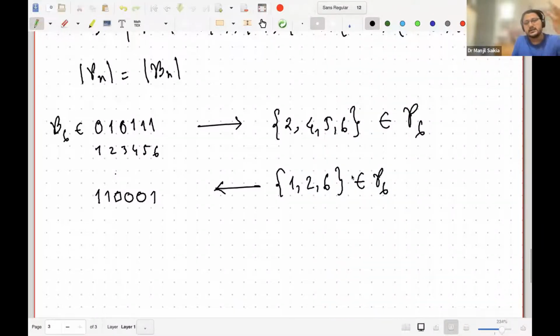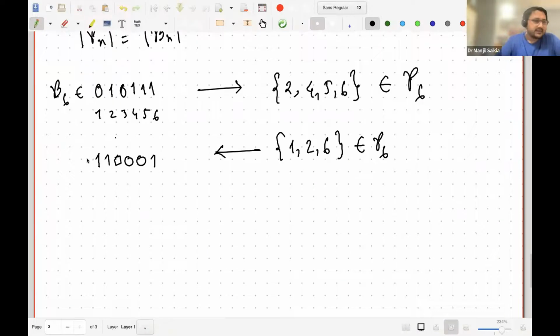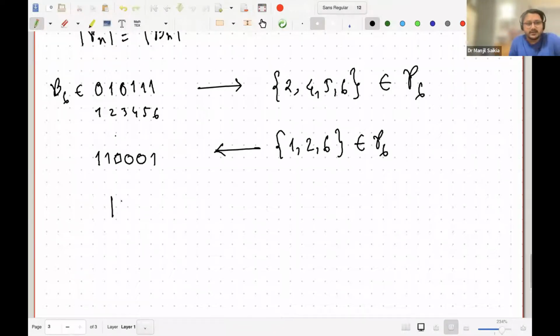So this is a unique assignment in the sense that each element from P_6 is assigned to an element in B_6, and each element in B_6 is assigned to an element in P_6. So that means the number of elements in B_6 is the same as the number of elements in P_6. And in general, the number of elements in B_n is equal to the number of elements in P_n. So this much we have proved using this simple bijection.